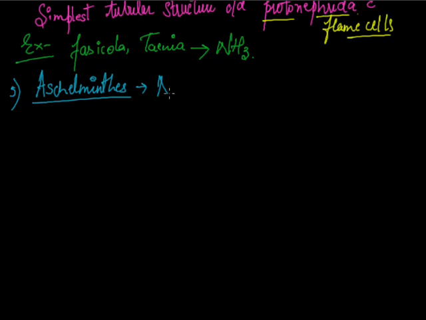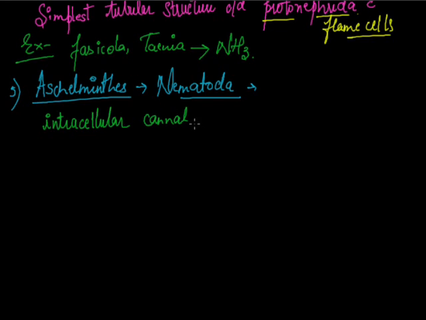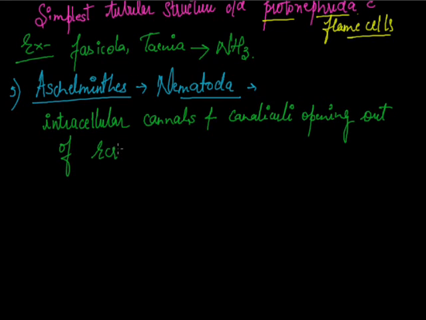As we further move, the fifth class we deal with is Aschelminthes, also called nematoda. For excretion, they have intracellular canals and canaliculi opening out as an excretory pore.